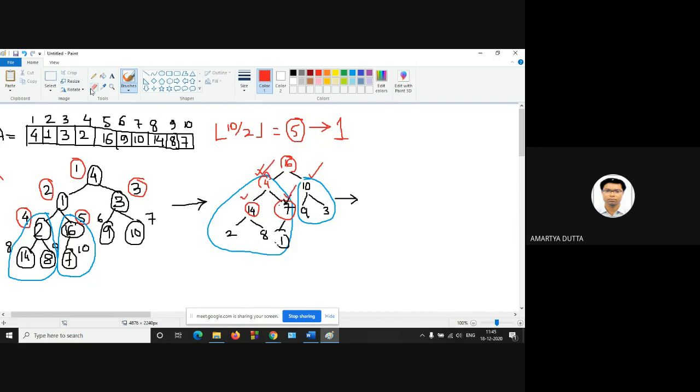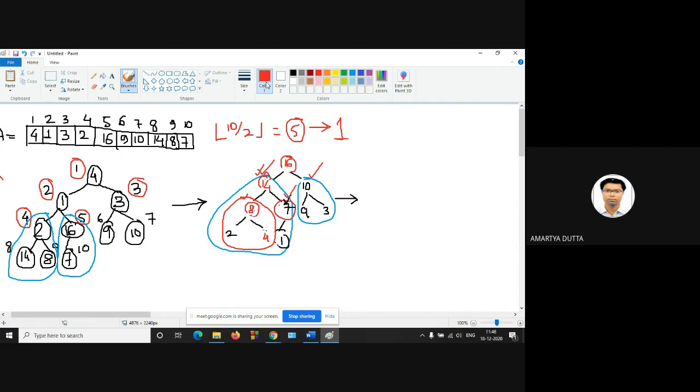You have to replace, so this will be your 14 and this will be your 4. Now 4, is it a heap? It is a recursive call. Is it a heap? No, it is not, because 4 has children 2 and 8. So 8 is replaced by 4. So this will be 8 and this will be 4.